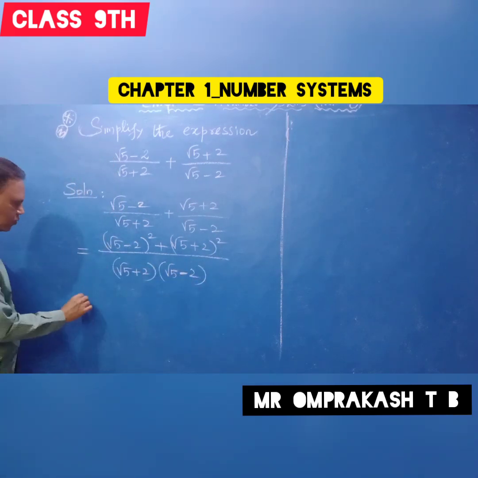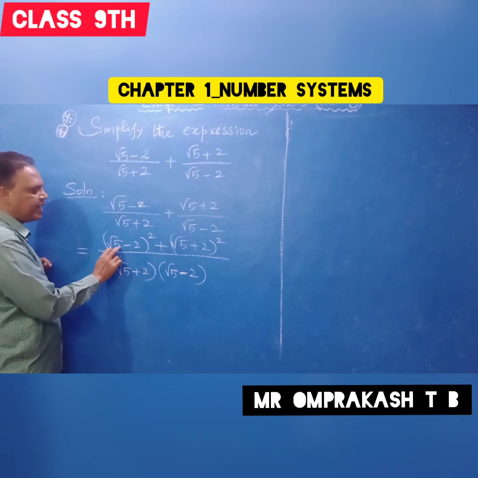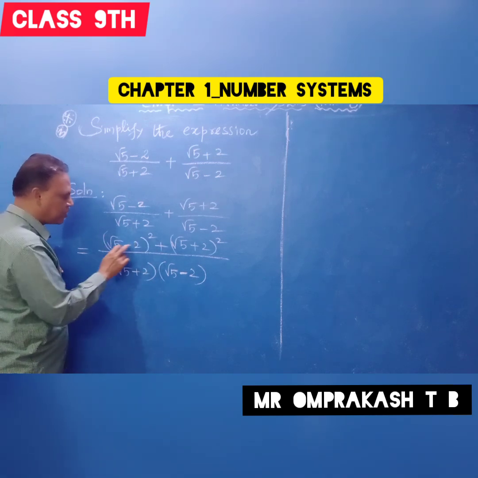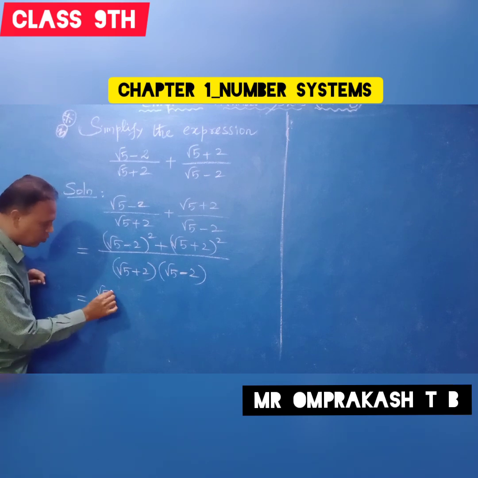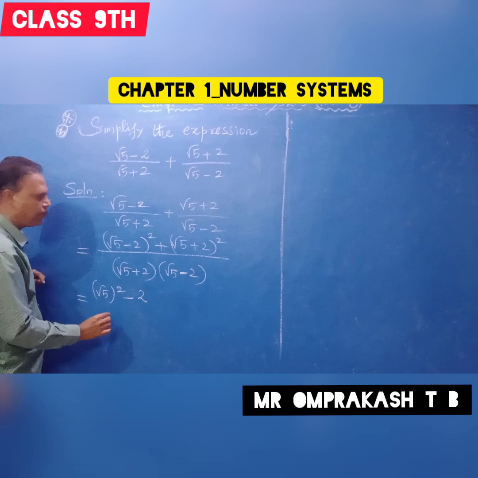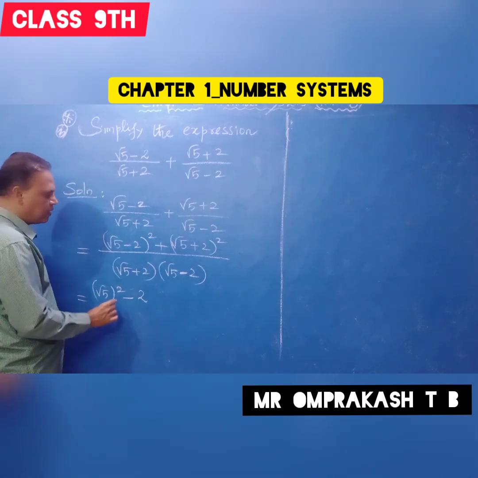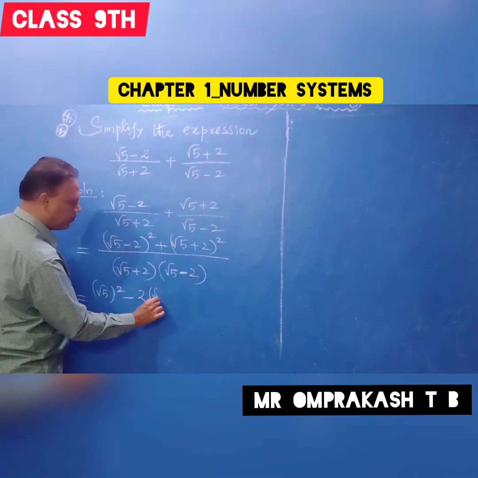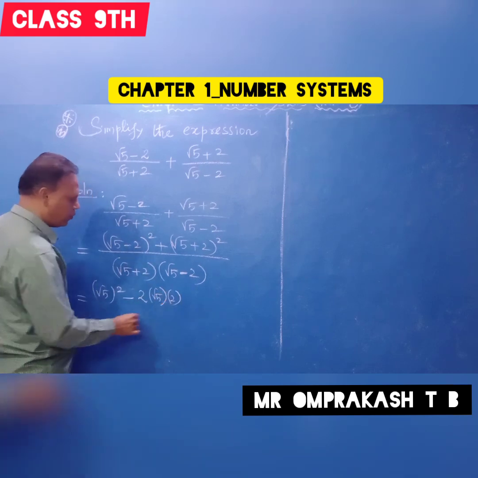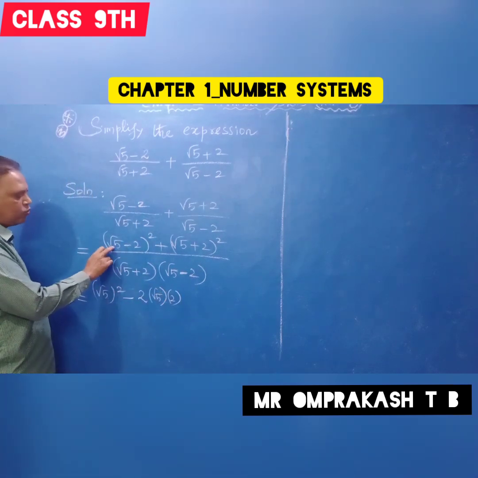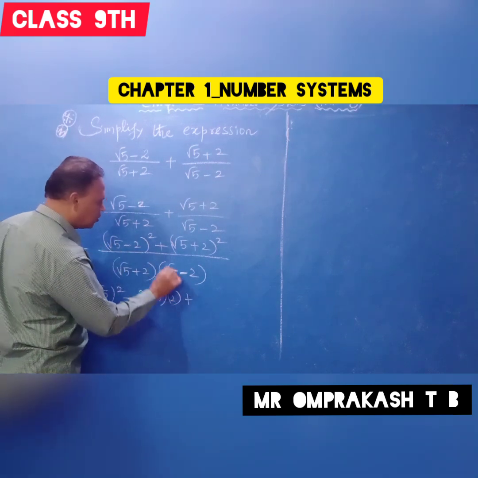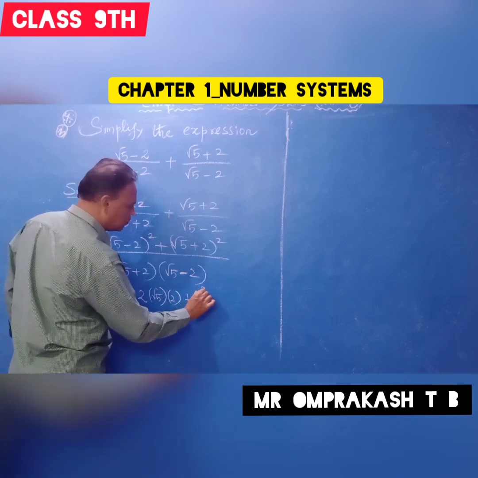Understand? Now this is in the form of a minus b the whole square. First write a squared: root 5 the whole square, minus 2ab, where a is root 5 and b is 2, plus 2 the whole square.